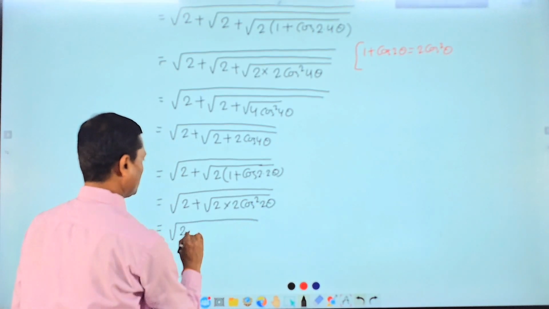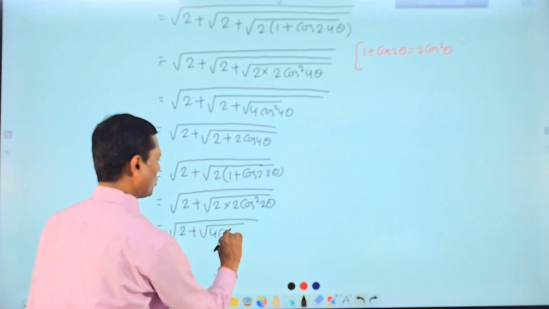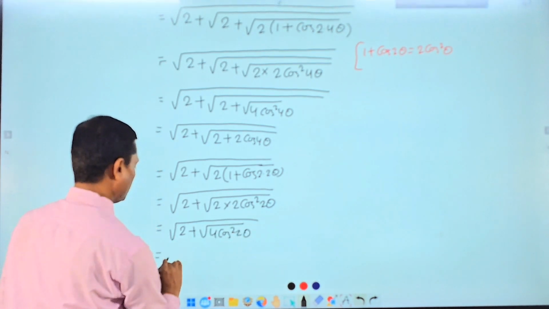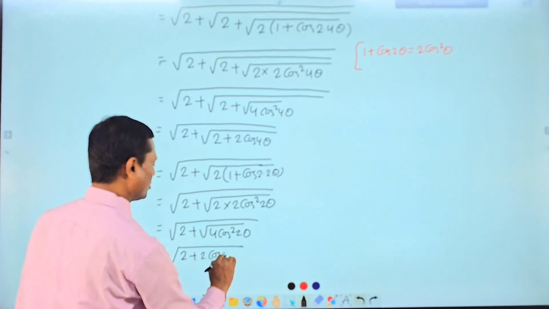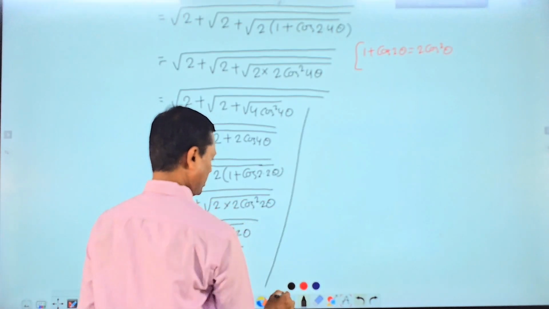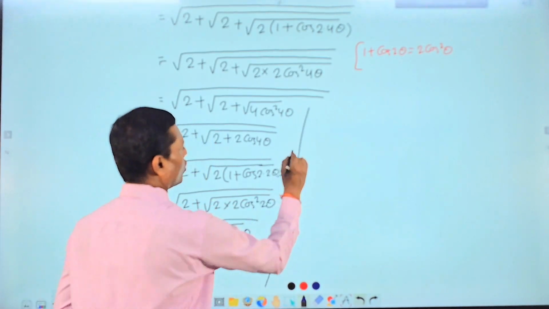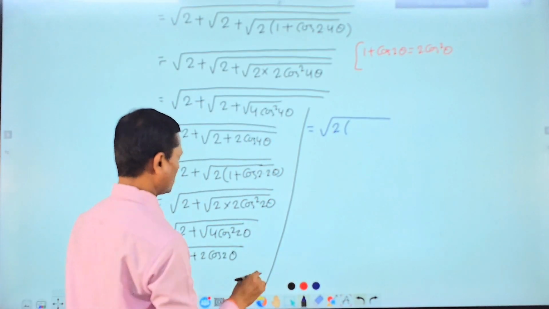Again 2 plus, here is 4 cos square 2 theta. This becomes 2 plus 2 cos 2 theta, right? Same process. Next one. Again, take 2 common. Here is 1 plus cos 2 theta.